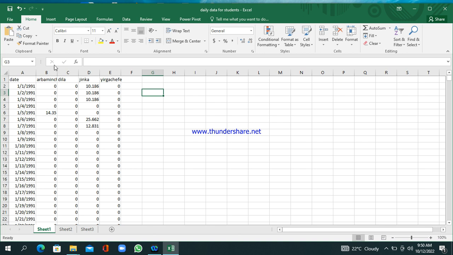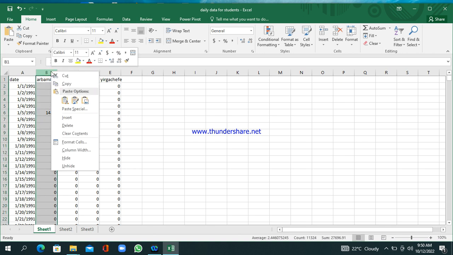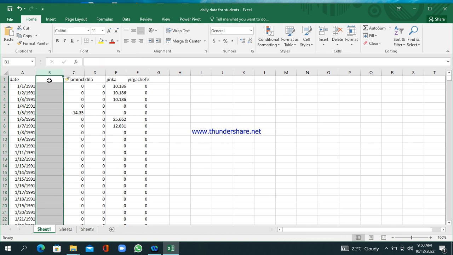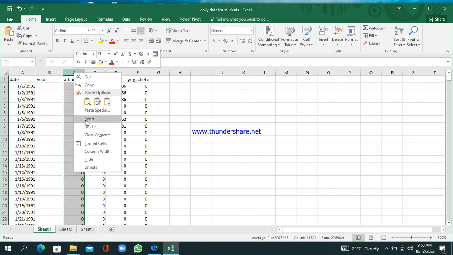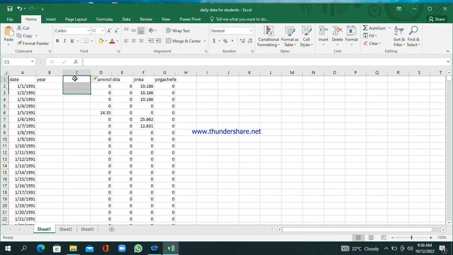First, insert columns. Insert here, right here. And add a second one for the month, right. Good.